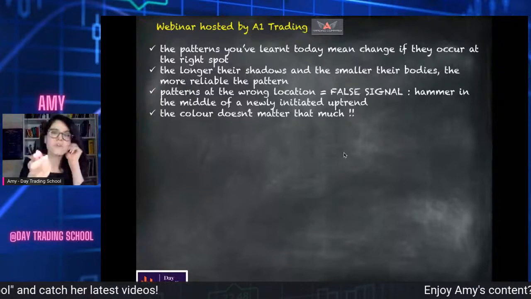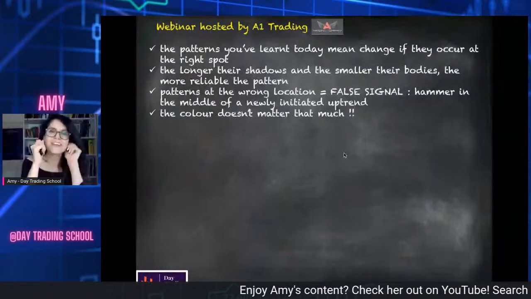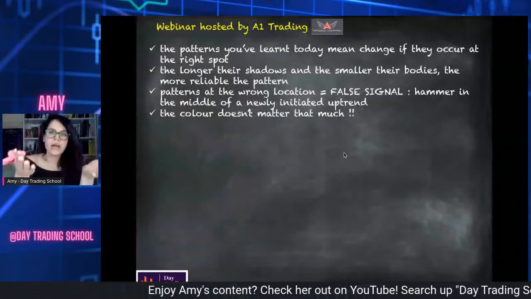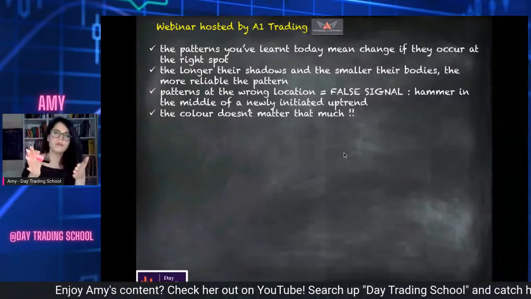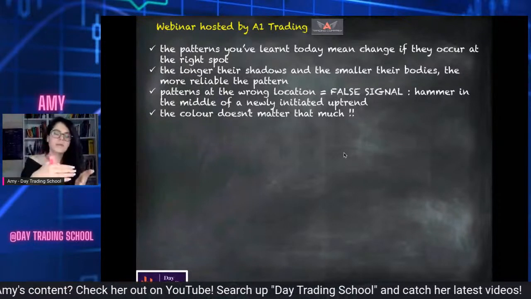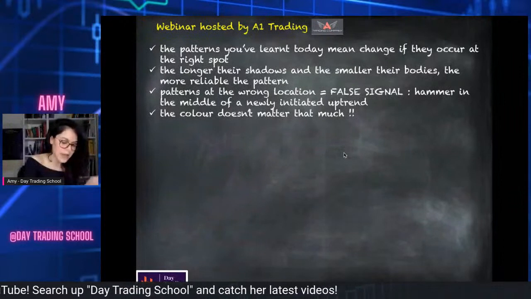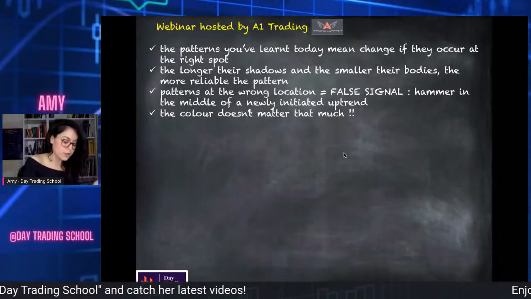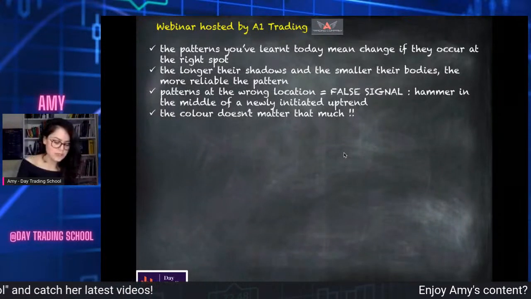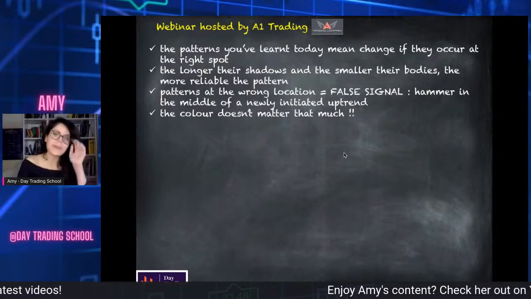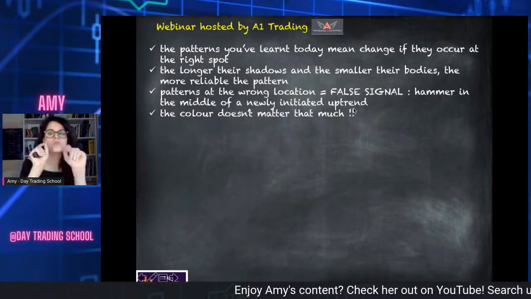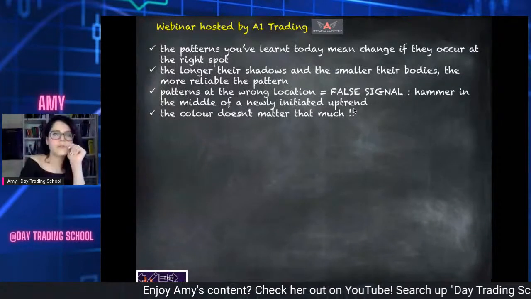And what we have discussed today, maybe you haven't learned anything new, is to try to focus on the shadows rather than on the body. If you have candlesticks such as a hammer or an inverted hammer or a shooting star, with all these candlesticks, try to focus on the shadow instead of the body.